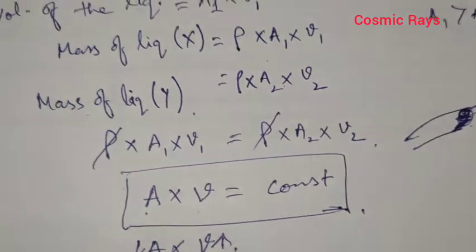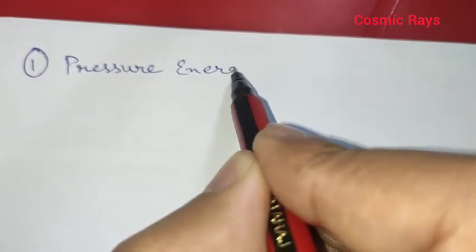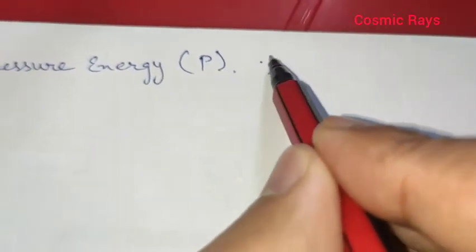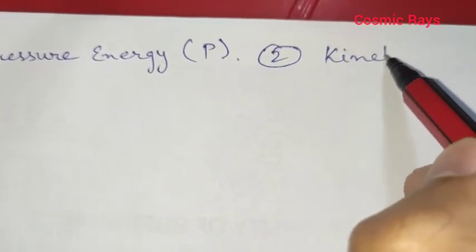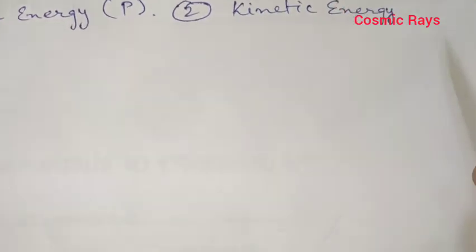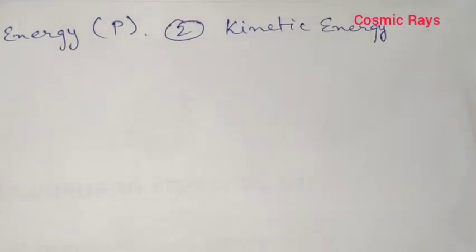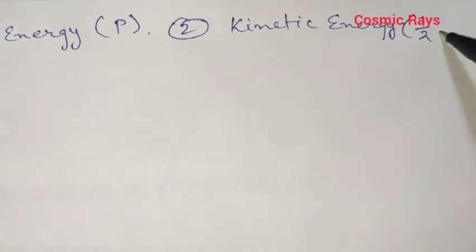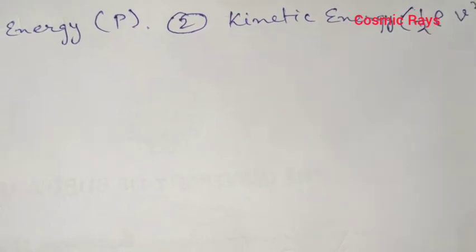Now when a liquid is flowing, then we have three types of energies of that liquid. First one is the pressure energy, generally denoted as P. The second type of energy of a flowing liquid is the kinetic energy. We have learned that kinetic energy is half mv square. In case of liquid, we write it as half rho v square.